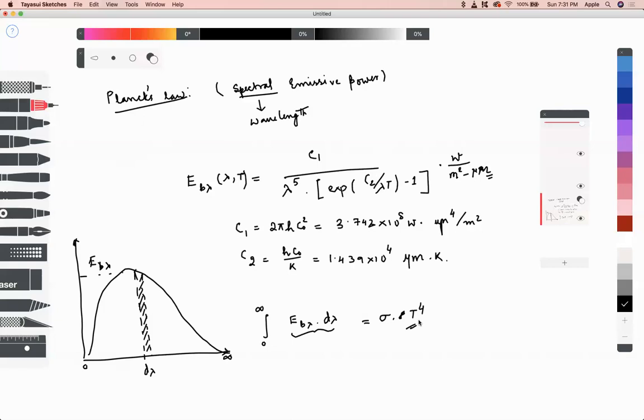With the help of each other, we can understand it. For one particular wavelength, we can find what is called the spectral emissive power with the help of Planck's law. I leave this integration up to you. You can perform it as an exercise.